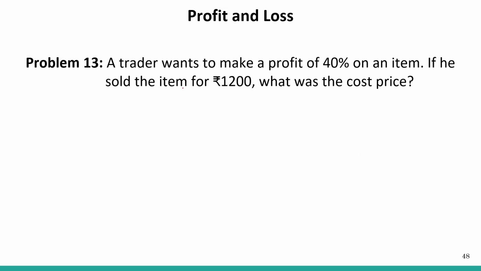Okay. So let's go forward with problem number 13. A trader wants to make a profit of 40% on an item. If he sold the item for 1200, then what is the cost price? Okay, trader wants to make a profit of 40%.